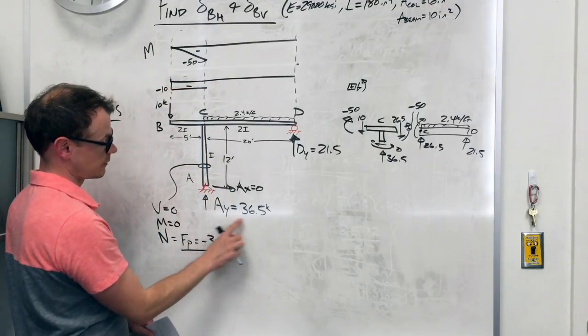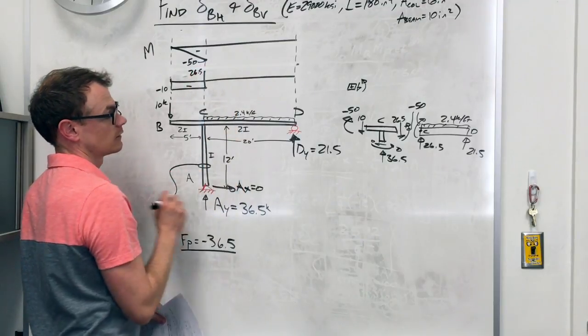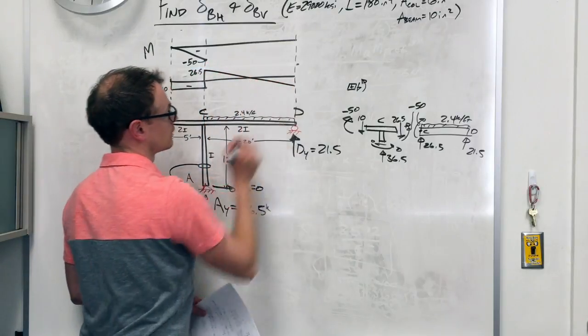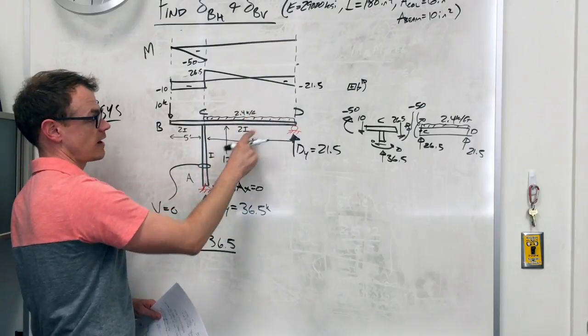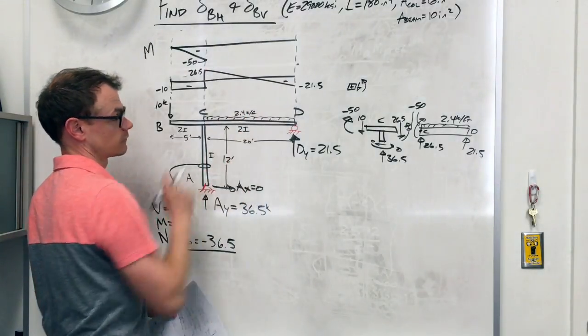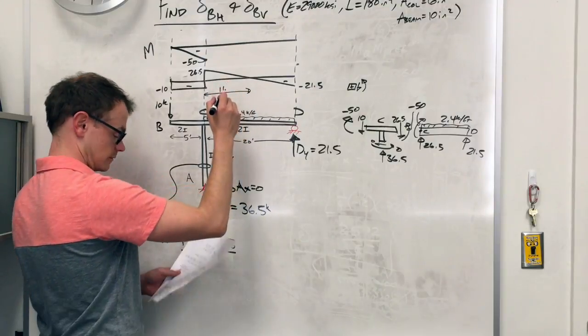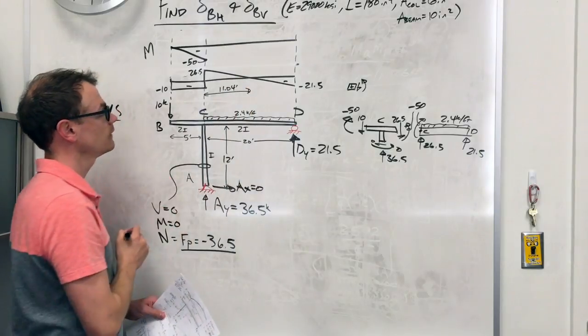And then I had the reaction 36.5 up, so I'm at 26.5. And now I have the distributed load, so I go down. I end up at 21.5. If you can do that math, right, the area under this curve gives you the difference between those. You can find this point if you'd like. You don't really need to at this point, but that's okay.